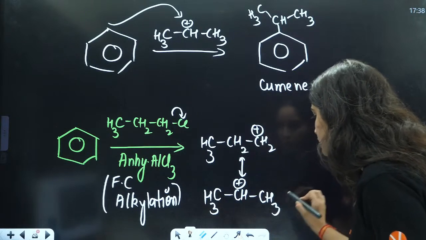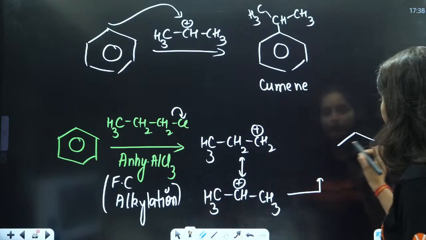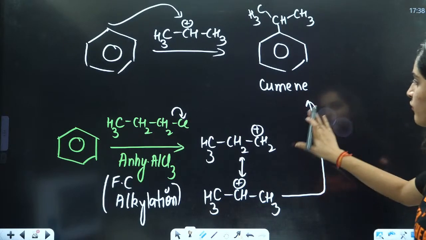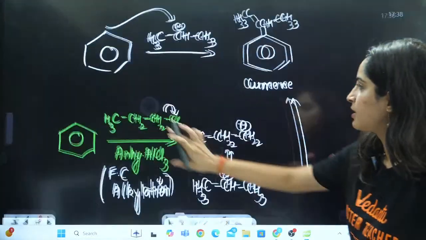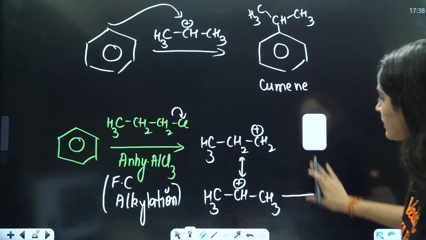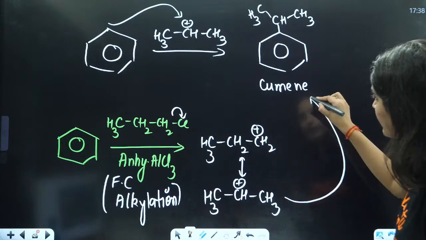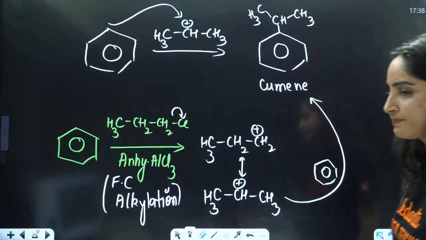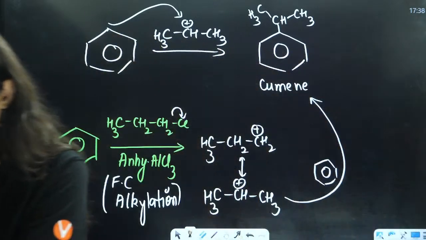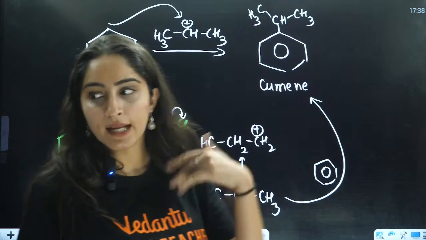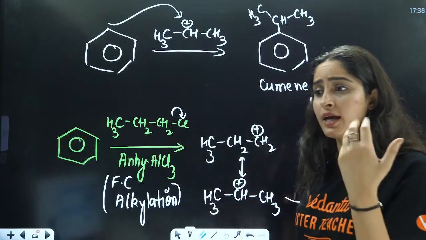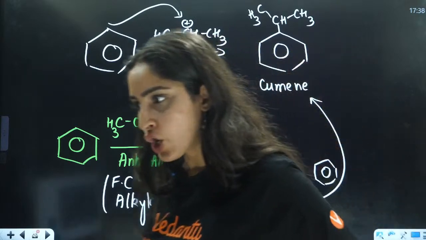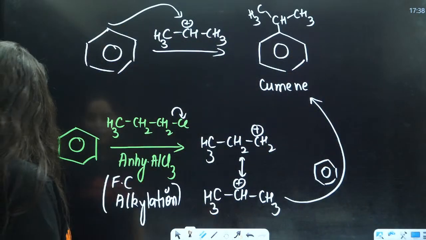So you'll have the formation of this thing, and hence after that I'm writing it directly here, you will have the formation of this cumene. Understood? Simple. This is how organic chemistry is linked to each other.